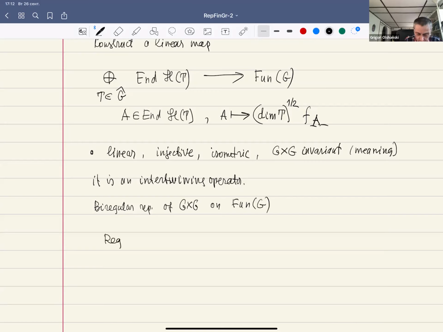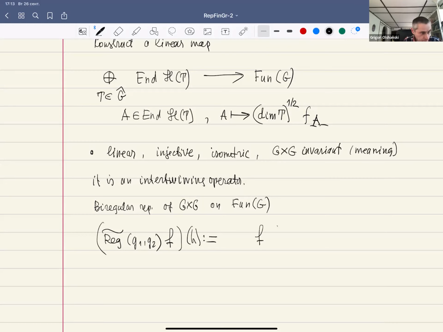So this is my notation for the biregular representation. Given two elements, g1 and g2, an element of this group, we want to apply it to some function f and evaluate at h. This is by definition the following.